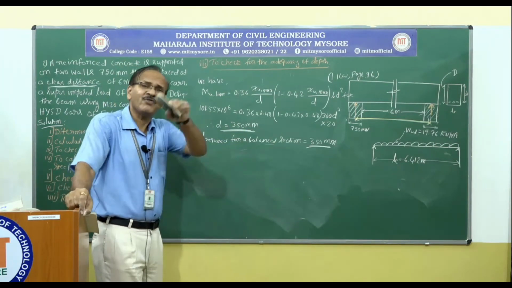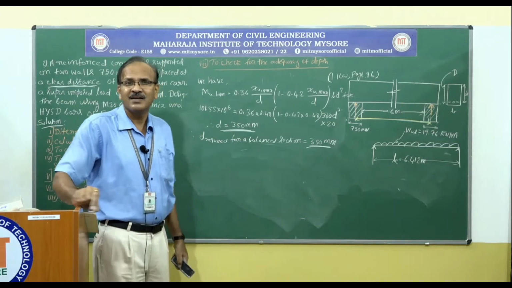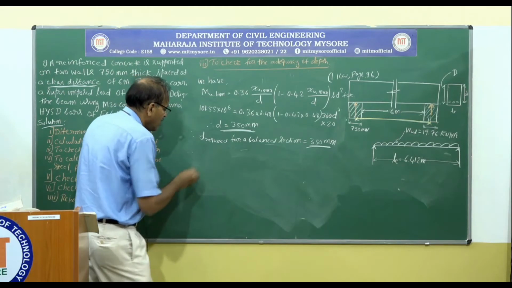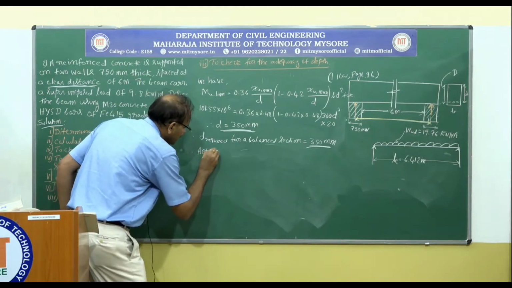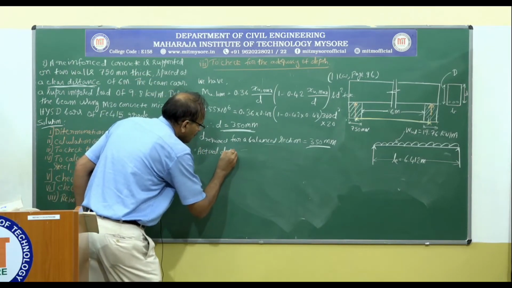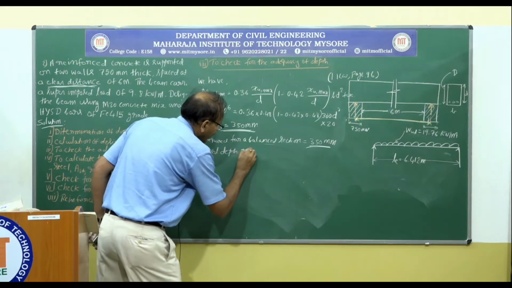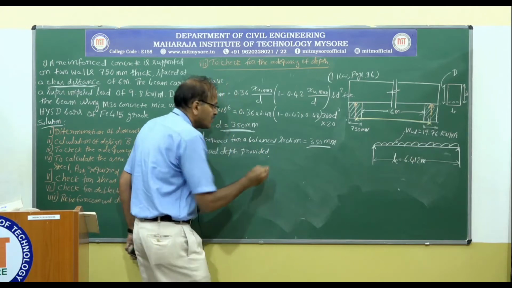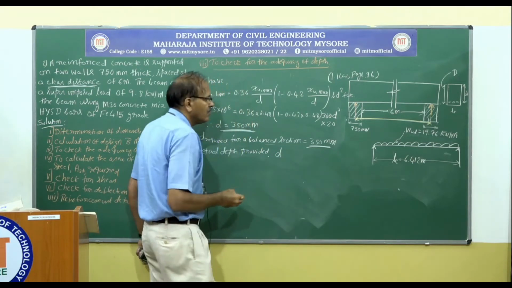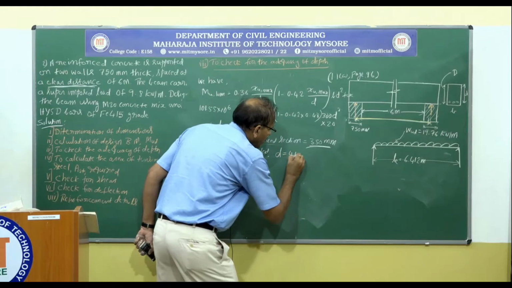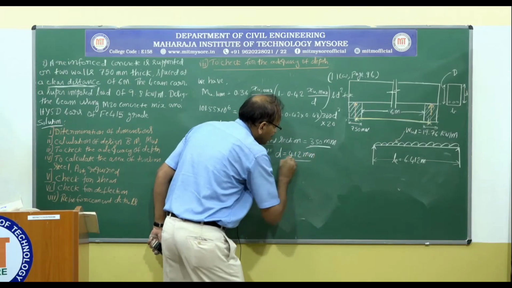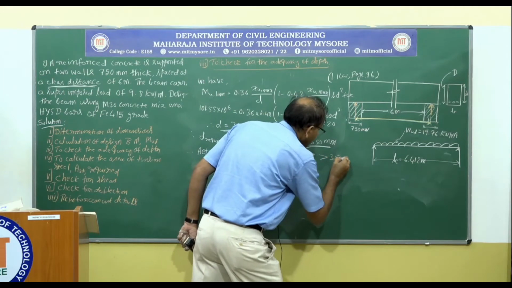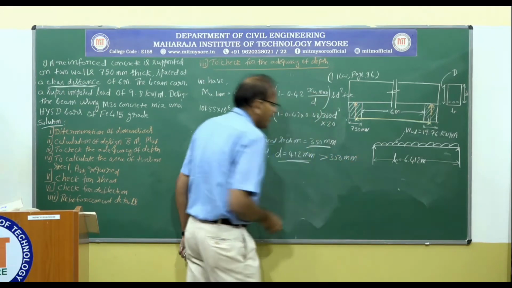But in reality, how much we have provided? Therefore, actual depth provided is D, that is equal to 412 millimeter, which is greater than 350 millimeter required.